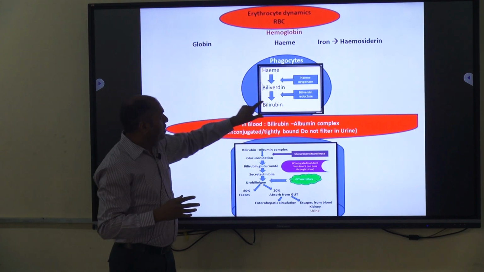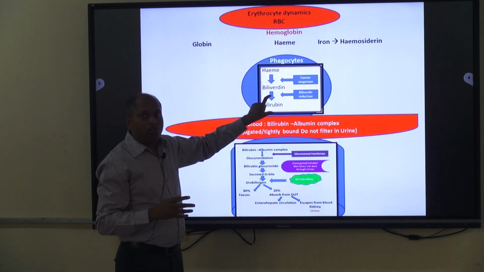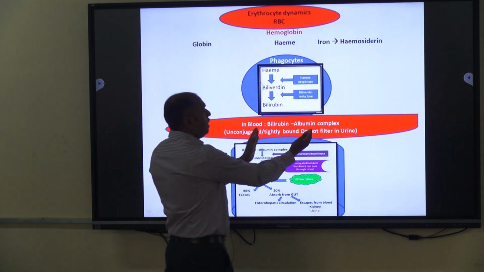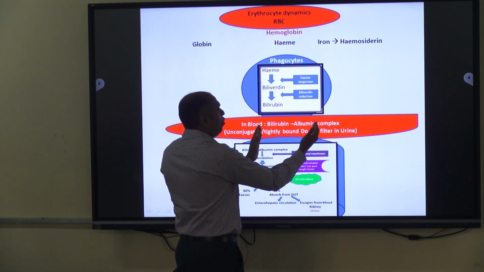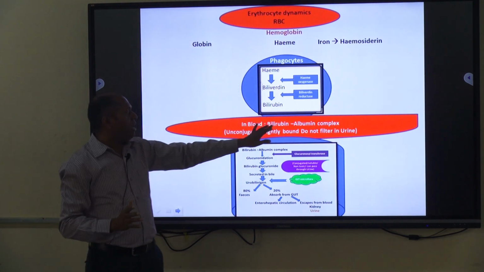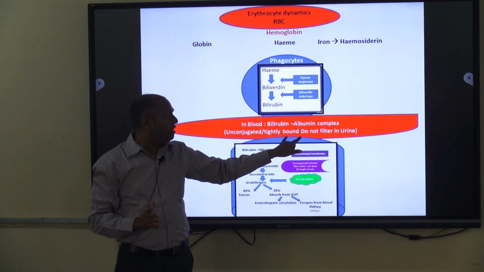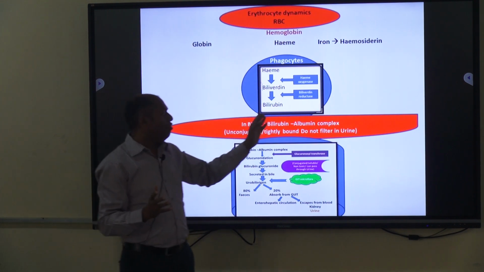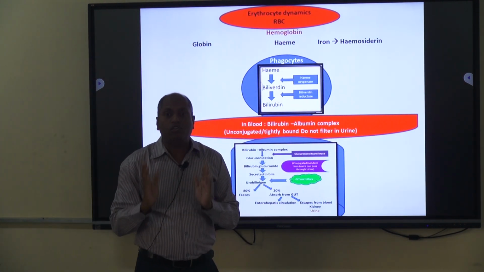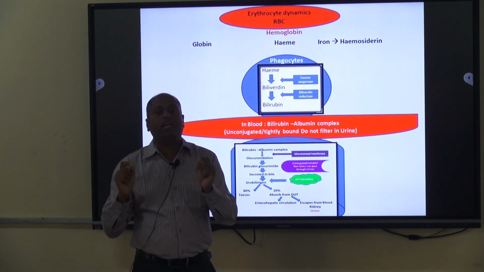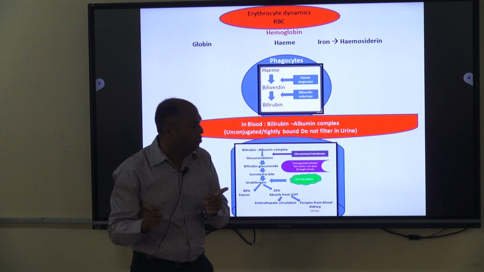Since it is insoluble and toxic, to make it soluble or to transport it, it is combined with albumin, and the bilirubin-albumin complex is transported to the liver. This bilirubin-albumin complex in blood is known as unconjugated bilirubin, and it cannot be filtered by urine. This is a very important part: unconjugated bilirubin cannot be filtered by urine.